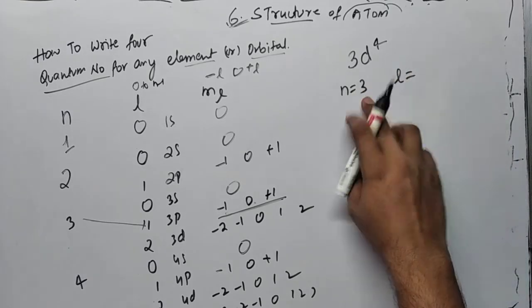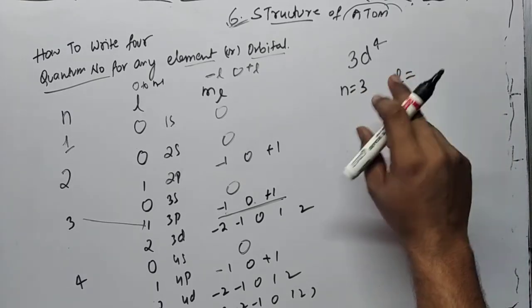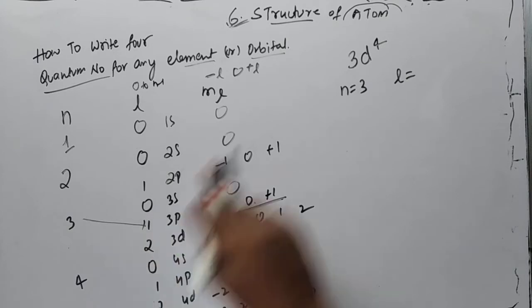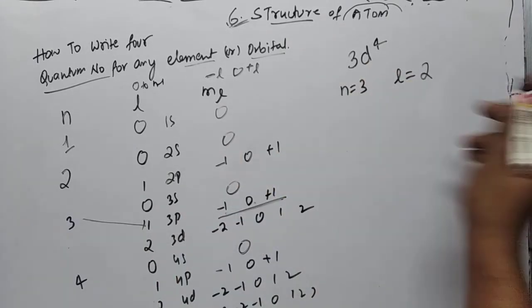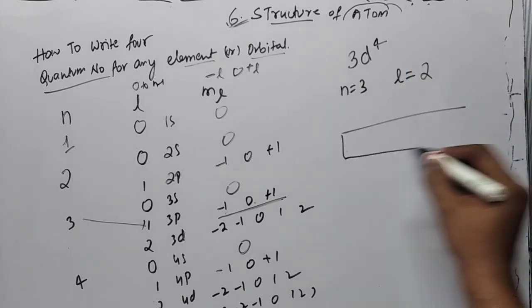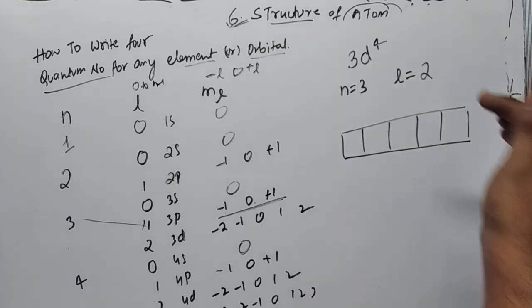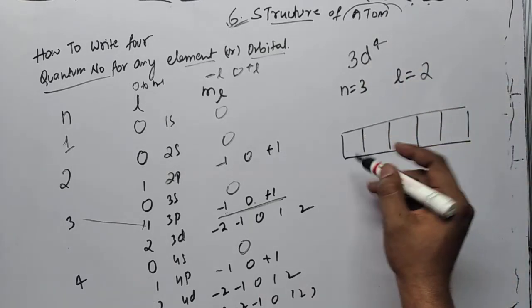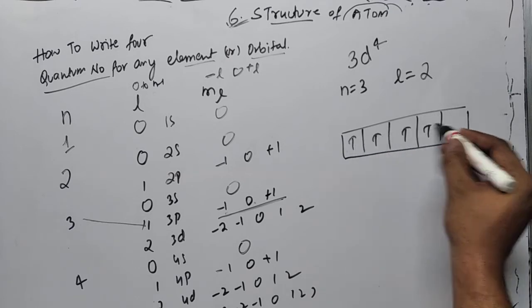Whenever n value is 3, L value can be d. L value d indicates 2. Next, in 3d, the d orbitals have 5. How many orbitals are there in d? Total 5 orbitals. So 1, 2, 3, 4.